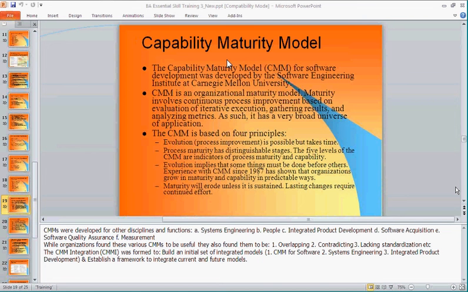Now systems engineering already has the people component in it, doesn't it? Can you develop a software without people? No. So part of systems engineering is people, and then you have the people component in addition to it.